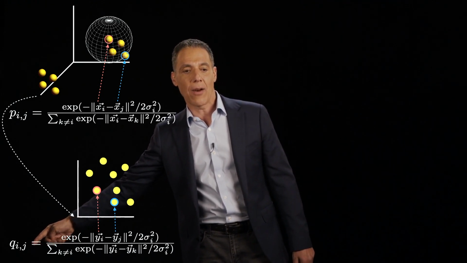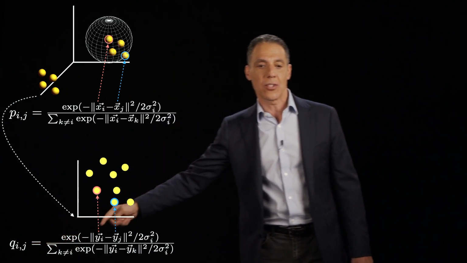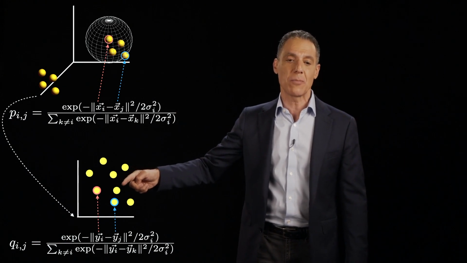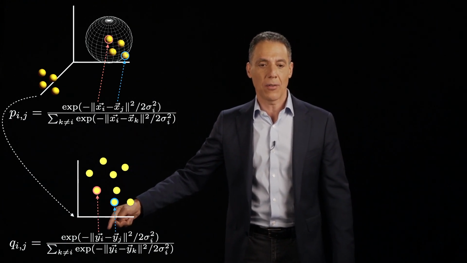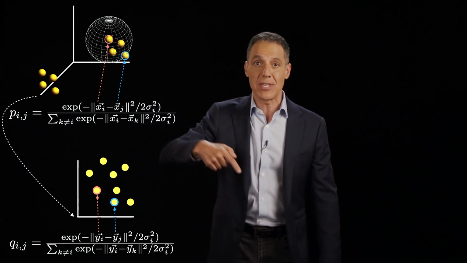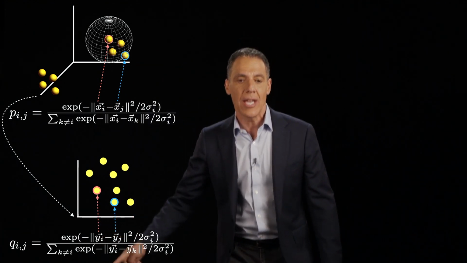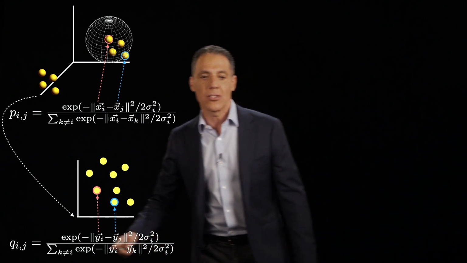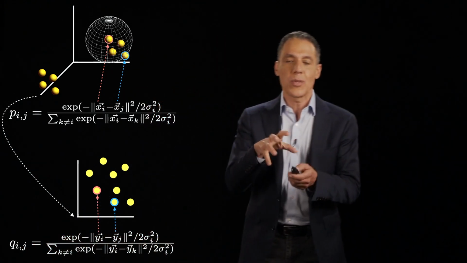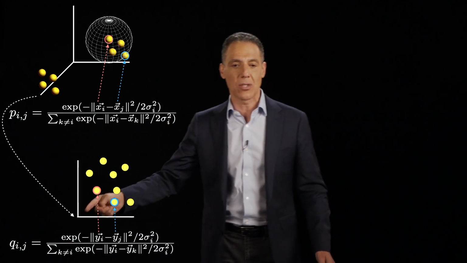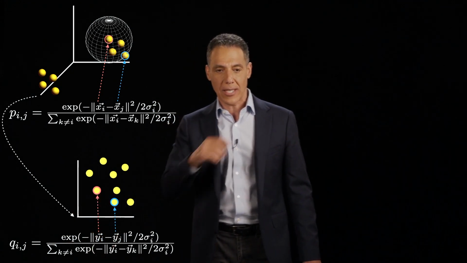So here I've now got q sub ij, the relationship in the embedding space between the ith point and the jth point. Now I'm going to call these y because I've projected them down. This is the new representation. And the denominator here is, again, just the sum of all the points within a small neighborhood. So how similar is this relative to everything else?